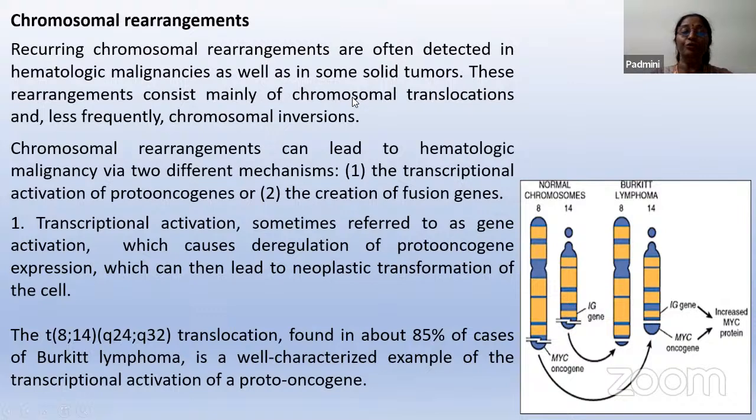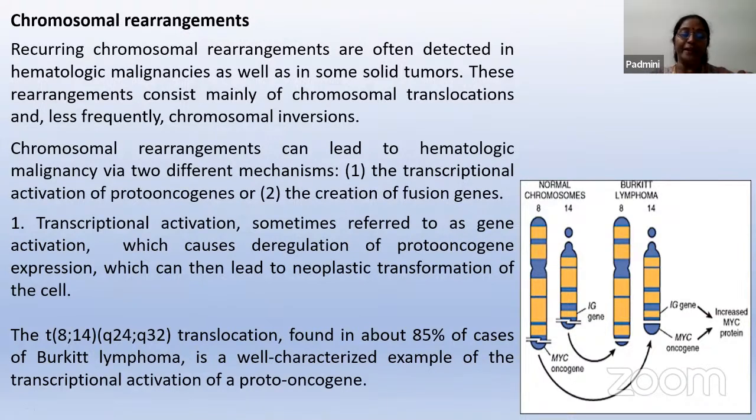This is sometimes referred to as gene activation, which causes deregulation of proto-oncogene expression, which can then lead to neoplastic transformation of the cell, neoplastic cell growth. So the example here, t(8;14), that is translocation between chromosome 8 and 14, q24 and q32 translocation.